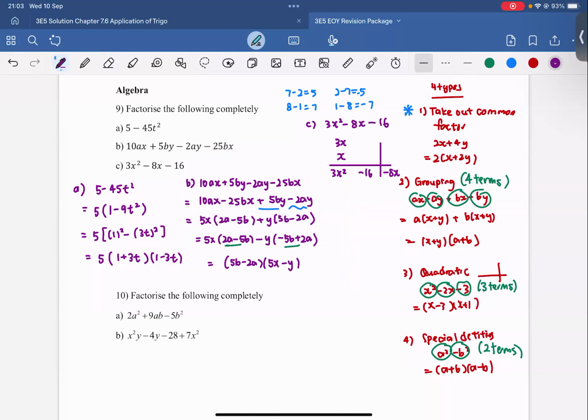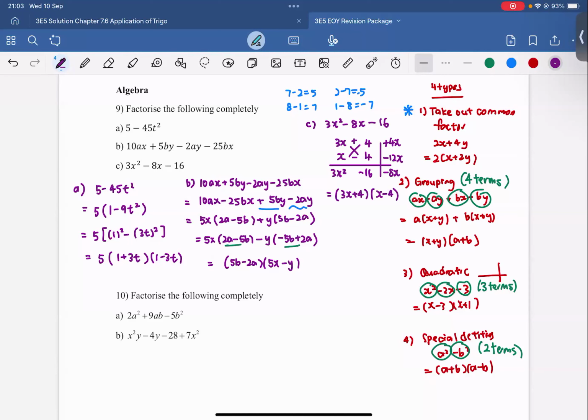So 16, what should you choose? Based on my experience, I would choose 4 lah. So this 4x, this times this 12x. I want to get negative 8, this will be minus, this will be plus. So when you factorize, you will get 3x plus 4, x minus 4.